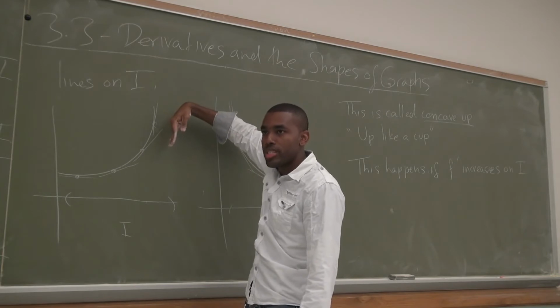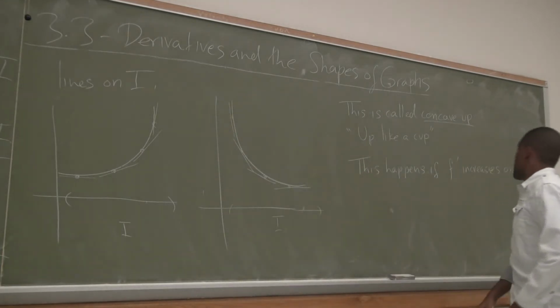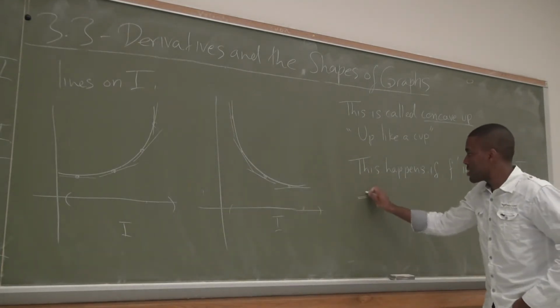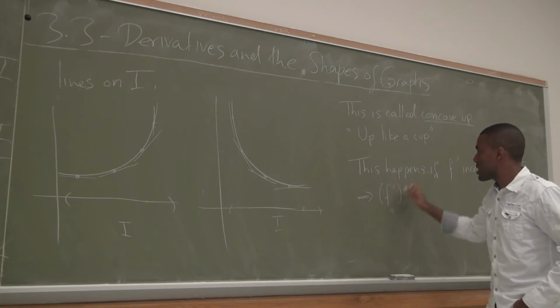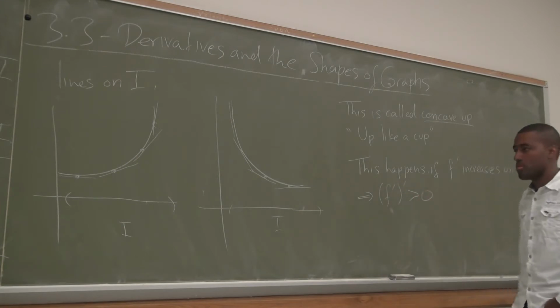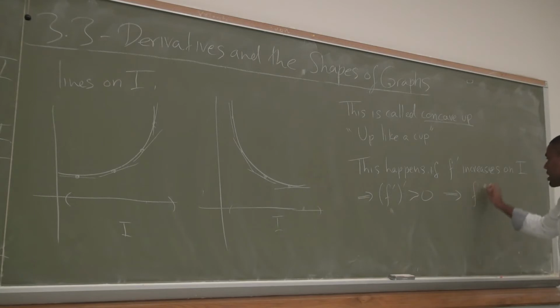The slope is actually increasing to achieve this behavior. This means if I take the derivative of this guy, it should be positive. That just means the second derivative is positive.